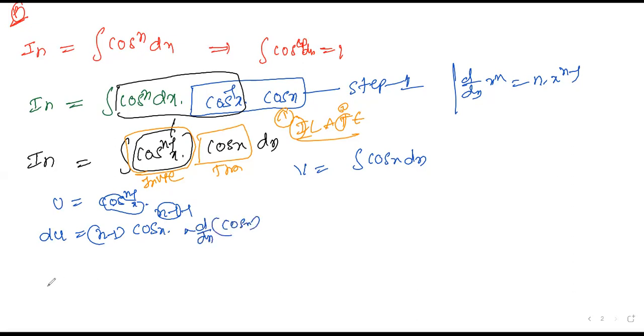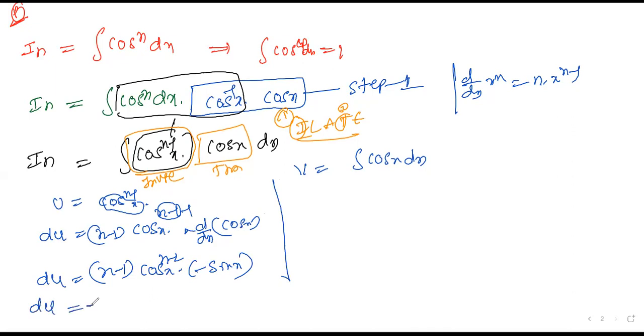When you continue that, du is equal to (n-1) into cos^(n-2) x. d by dx of cos x is minus sin x. This is the final answer: du is equal to minus (n-1) cos^(n-2) x into sin x.